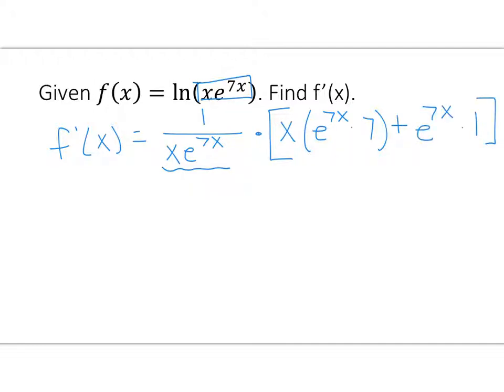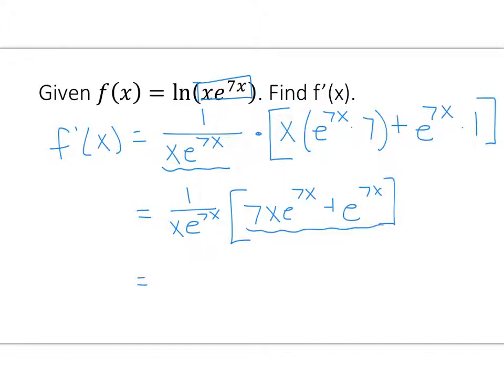And now we just have to do some algebra to clean this up. So I have 1 over x e to the 7x times 7x e to the 7x plus e to the 7x. So out of this, I can factor out an e to the 7x, and I'm left with 7x plus 1.